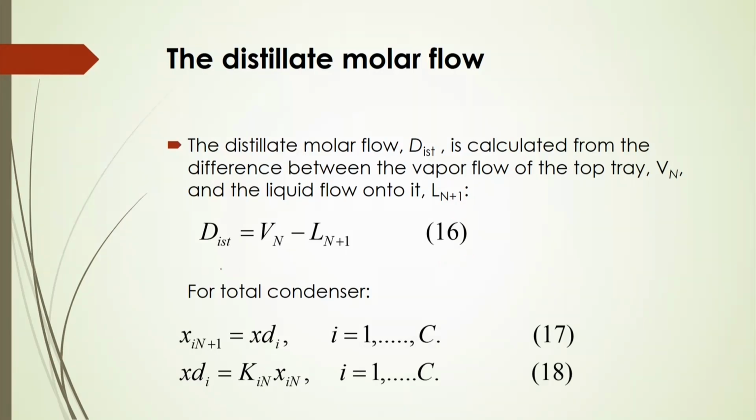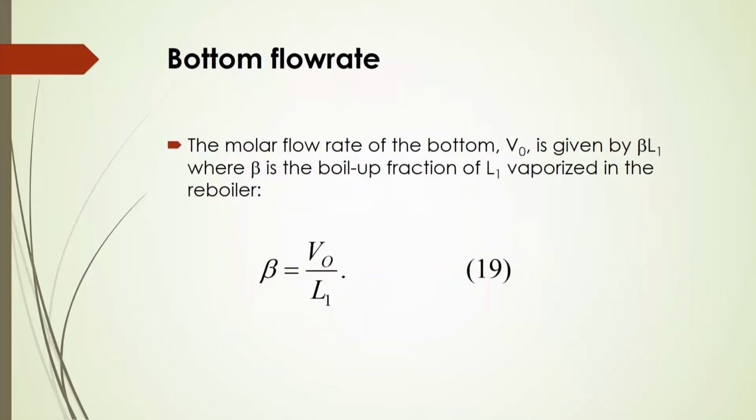As per equation number 16, the distillate molar flow will be equal to V_n, the vapor flow, minus L_(n+1), the liquid flow. So, for a total condenser you can consider that x_i,n+1 should be equal to x_d,i, and also x_d,i should be equal to K_i,n into x_i,n. According to equations 17 and 18, you can calculate the mole fractions in tray n+1 and also n.